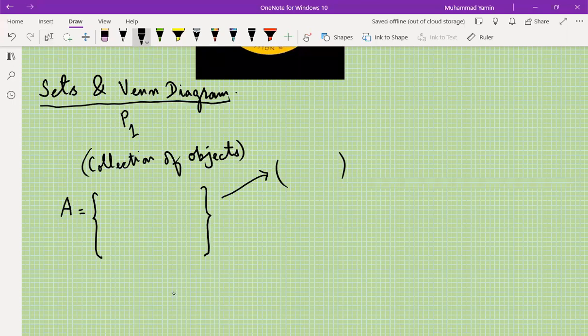Now, any value which is taken inside, like this, they are all called elements. Like 3 is an element, 4 is an element, 5 is an element.